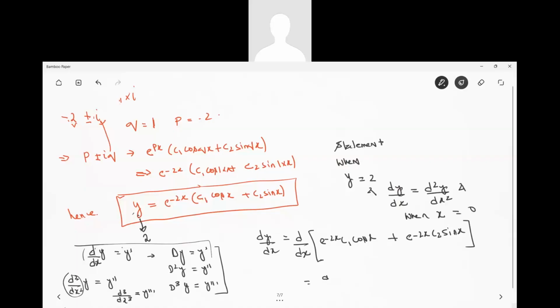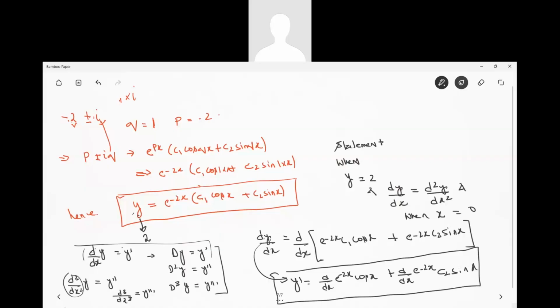So d by dx of e power minus 2x cos x will come first, then plus d by dx of e power minus 2x c2 sin x will come. This is the open differentiation. And on the right hand side, dy by dx you have done. This is y dash, so y dash value happens to be this.